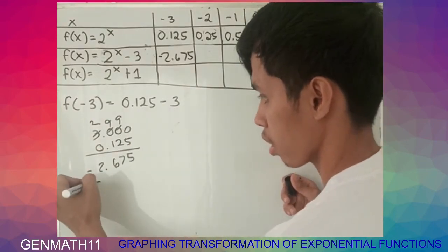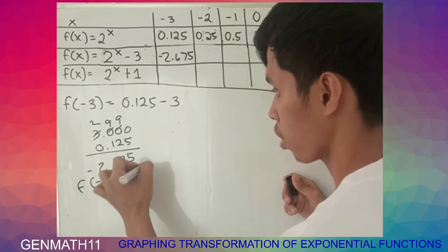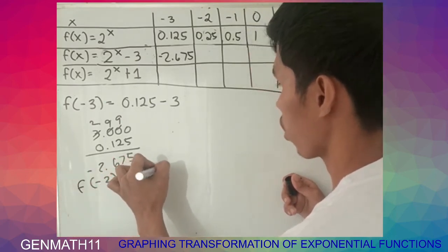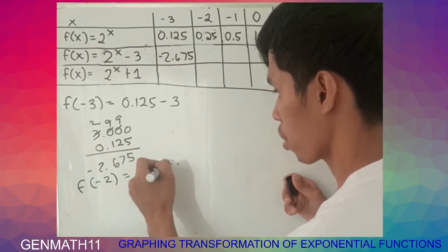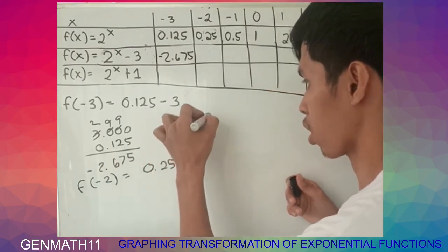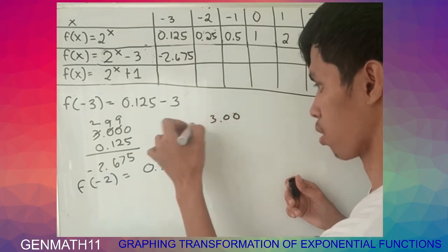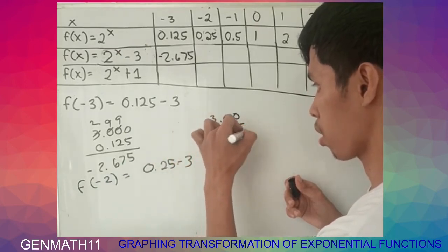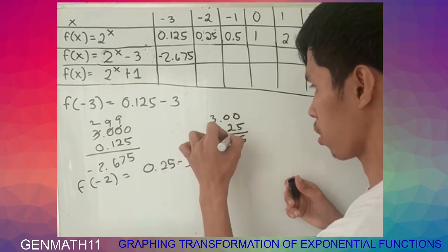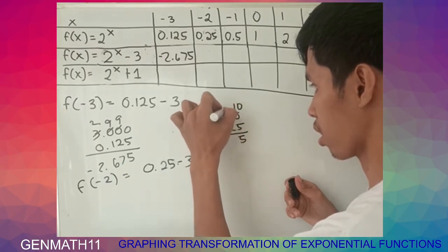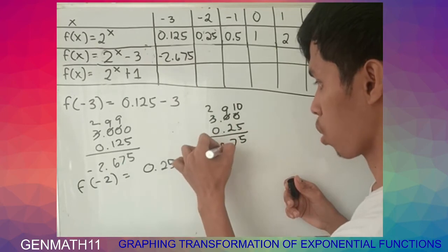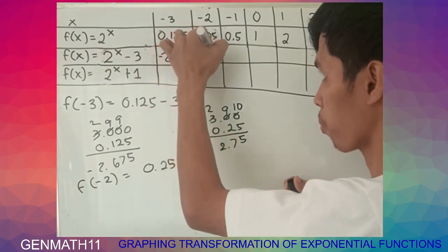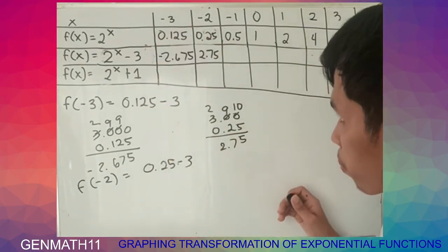Next. Negative 2. 0.25 minus 3. Okay, ganun pa din. Negative 2.75. Next.